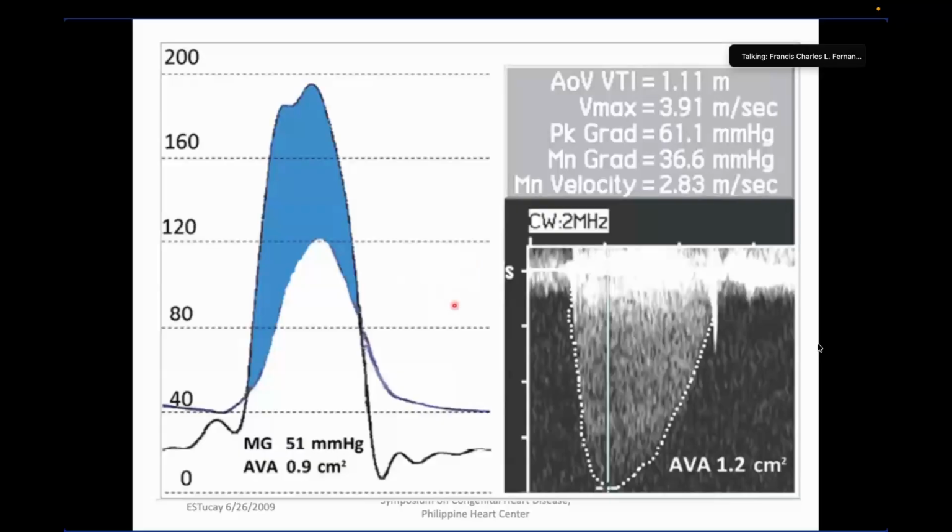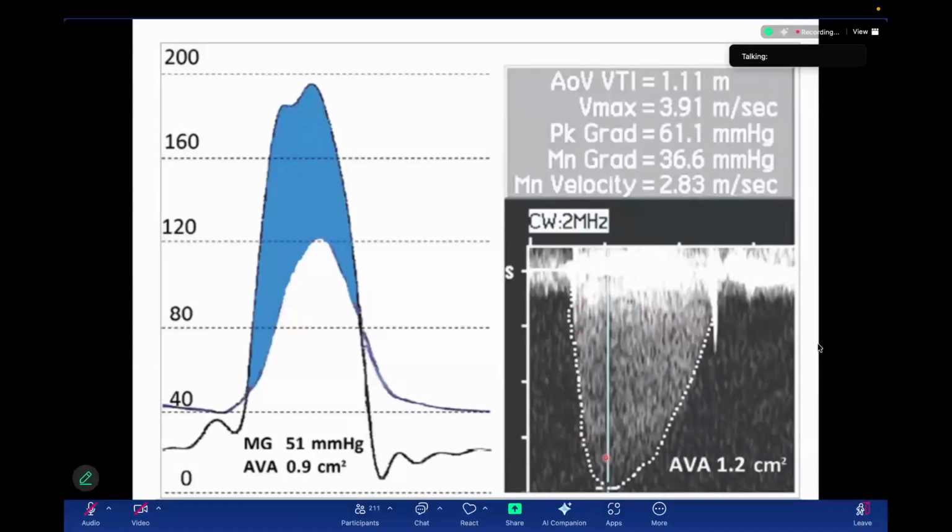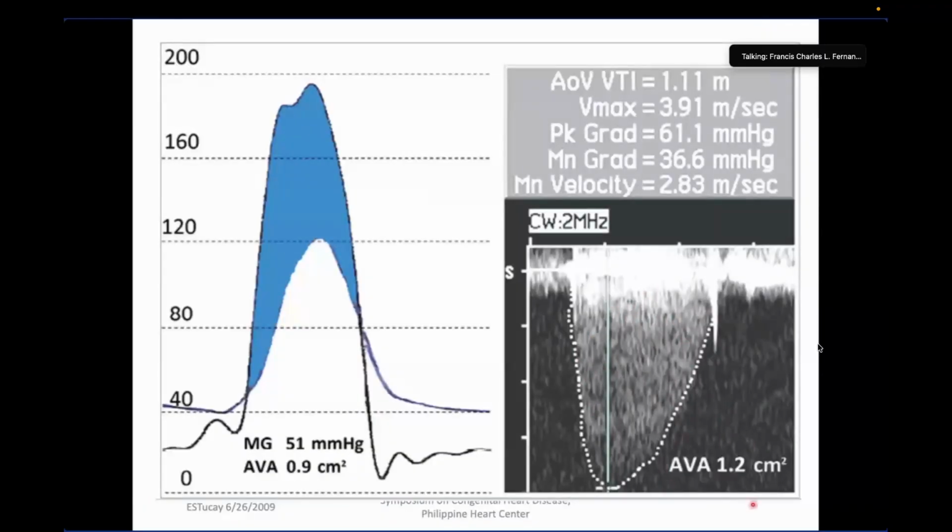So this is another depiction. The left side would be the pressure tracing from the transducer, but on the right column, this is by 2D echocardiography. When you identify them in the clinic, you may see the pulsus parvus et tardus. You have the 2D echo done. This is just to demonstrate that sometimes you get an aortic valve area of 1.2 square centimeters or whatever.